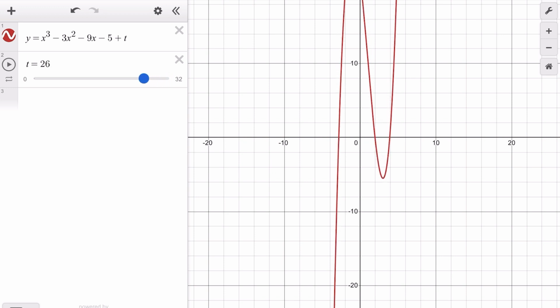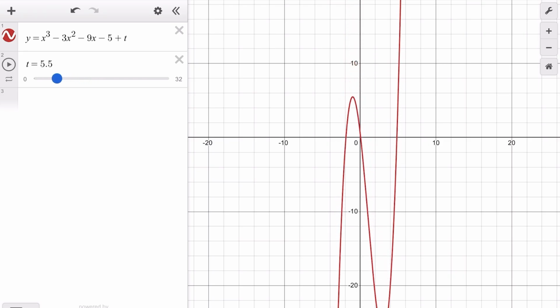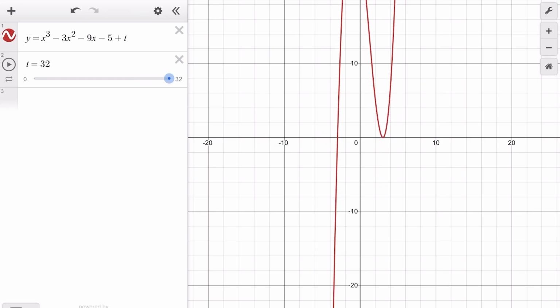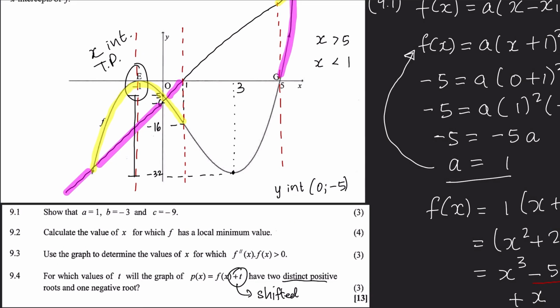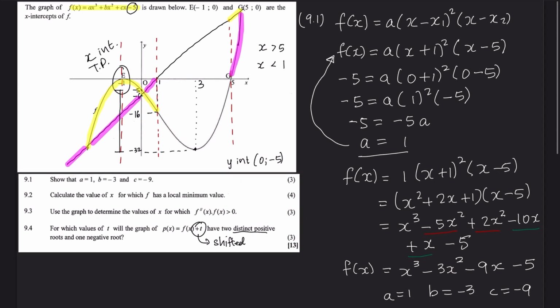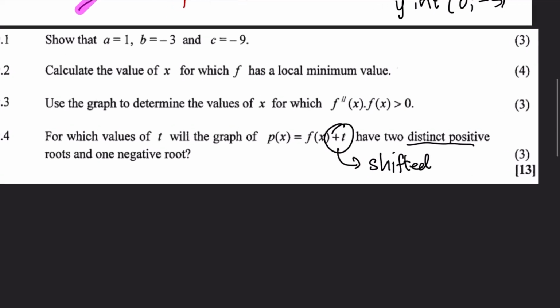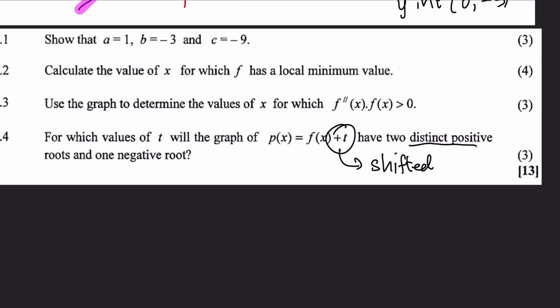So the graph needs to shift between 5 units and 32 units upward. That's why I said it is a bit difficult to imagine it, so I thought I would show it to you. So the answer to that last question is that t needs to be shifted between 5 and 32 units.